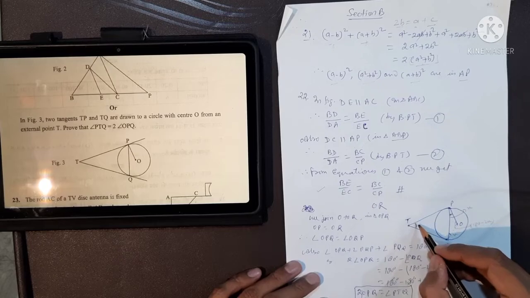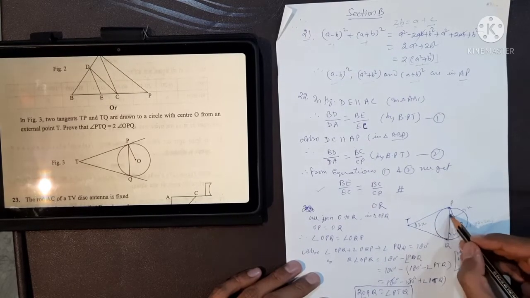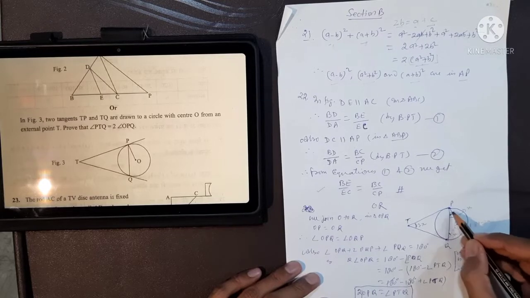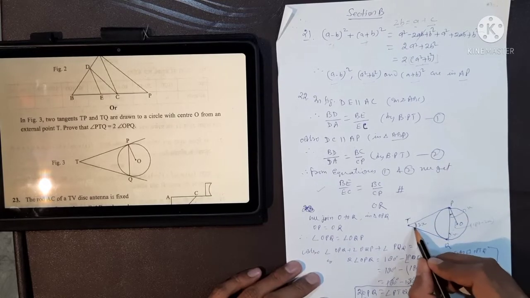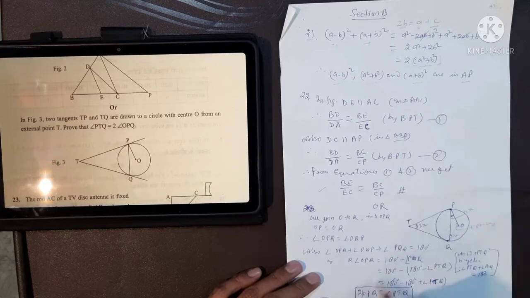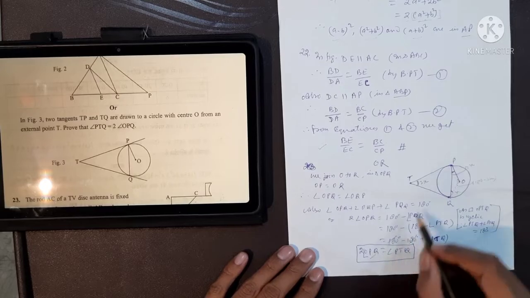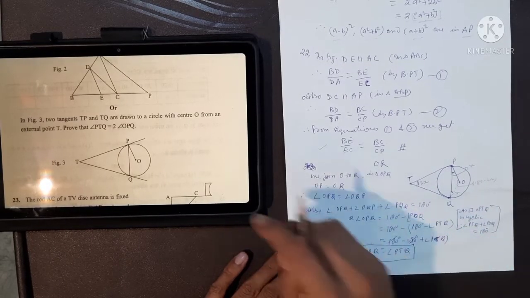So 180 and 180 get cancelled, so this angle comes out to be 2x. So if this angle is x, this angle is 2x, hence twice of angle OPQ is equal to angle PTQ, hence proved.